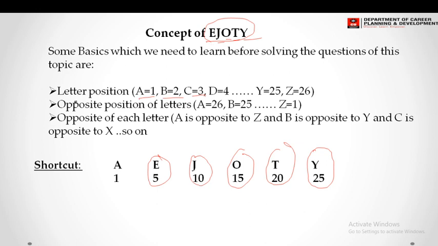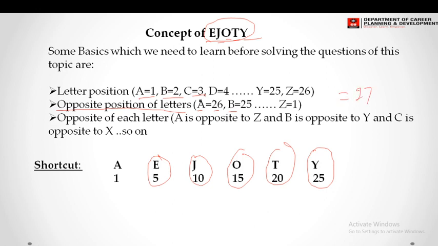Next one is the opposite position of alphabet. How to find the opposite position of an alphabet? For example, A is 26, B is 25, and so on. Always remember, if you find the opposite position of an alphabet, the sum of these two numbers is always equal to 27.